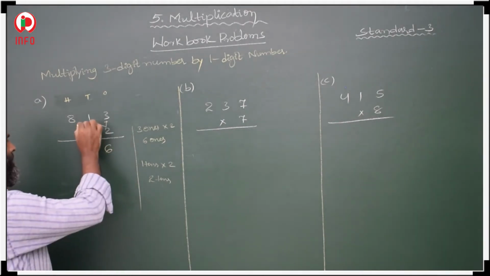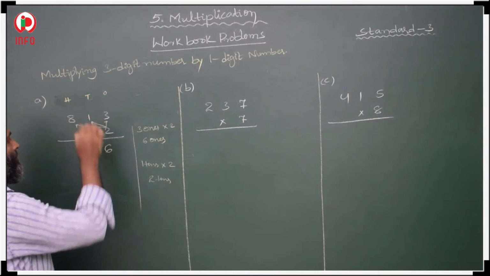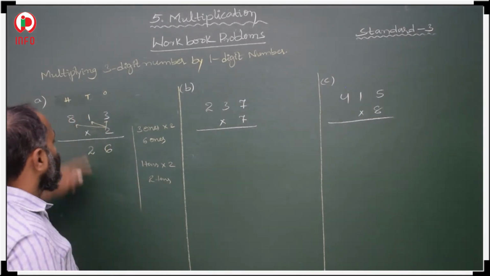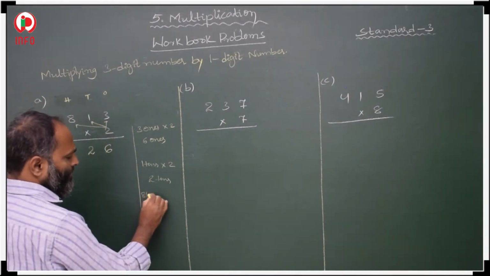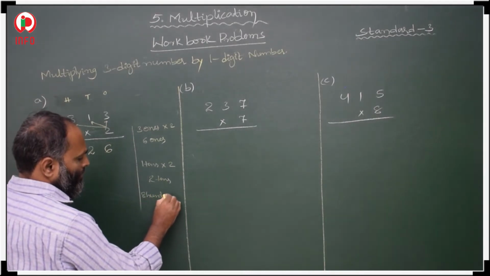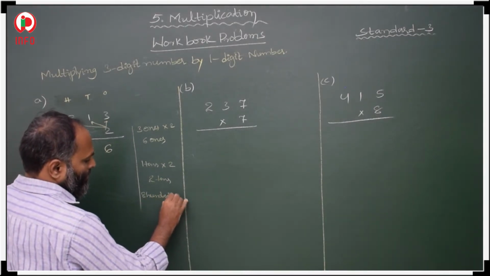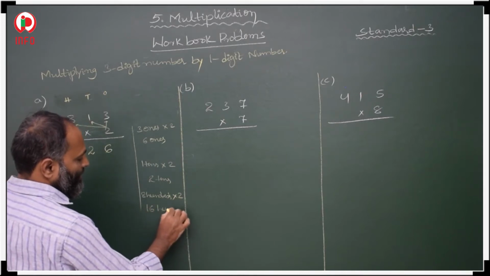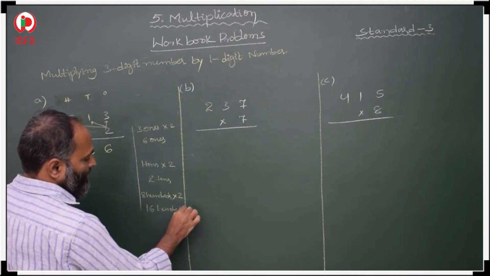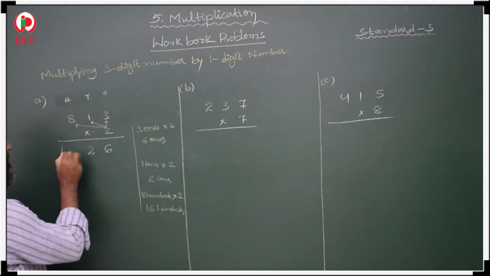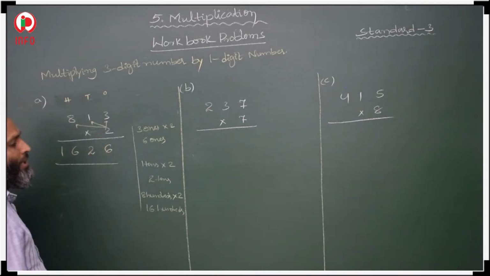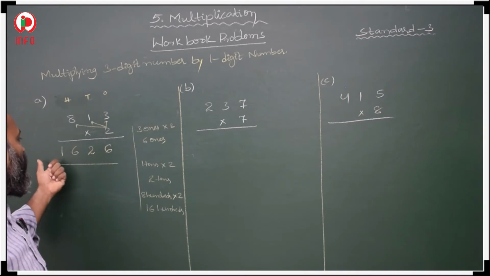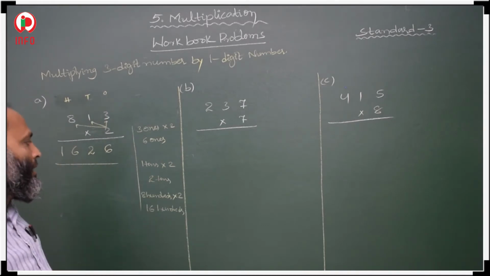Then after that, 2 with 8, 8 hundreds. 8 twos are 1600, 16 hundreds. So it is our last place, the third digit, so we have to take 16 completely. So this is our product.